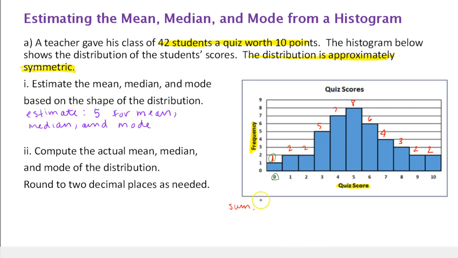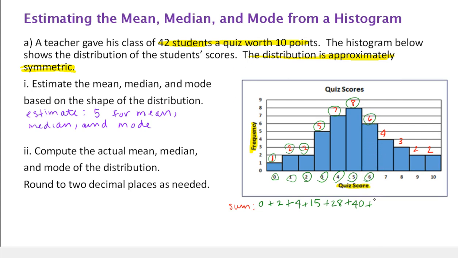So 0 times 1 is 0. 1 times 2 is 2. 2 times 2 is 4. I'm circling them to keep track of what we did. 3 times 5 is 15. 4 times 7 is 28. 5 times 8 is 40.